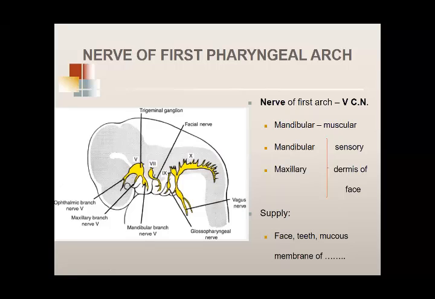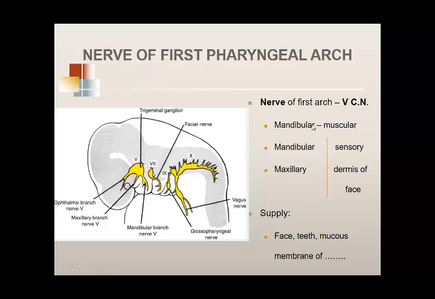That is why the mandibular nerve was said to be a mixed component of the fifth cranial nerve. The other two components, namely the maxillary and the ophthalmic, are purely sensory components of this nerve. But the mandibular component supplies muscles as well as sensory innervation.